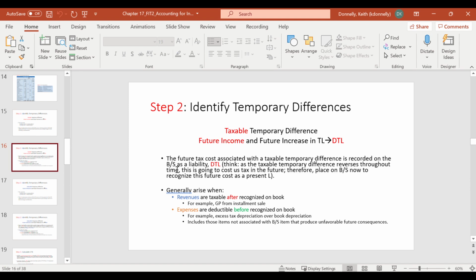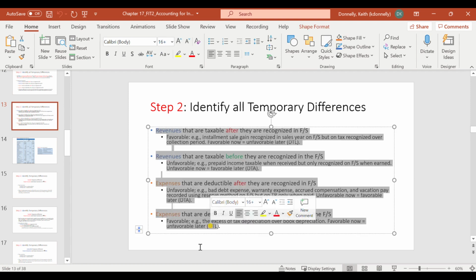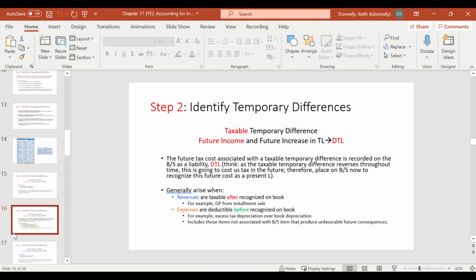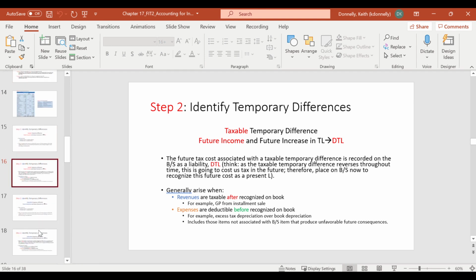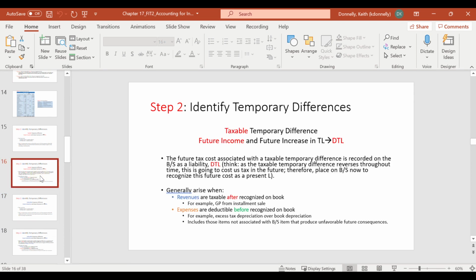Therefore, we're going to place it on the balance sheet now to recognize this future cost as a present liability. Right? So the first thing we did is we said, okay, here are four different types of temporary differences. We can put them into one of two buckets. One is they can be a taxable temporary difference, or two, they can be a deductible temporary difference.